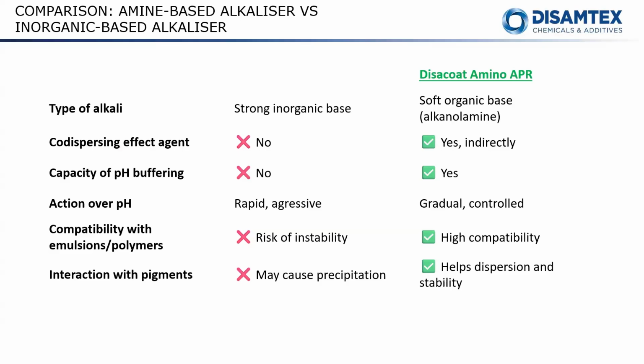But thinking specifically for inorganic bases like ammonia, they act very rapidly and aggressively on pH, often leading to instability or even pigment precipitation. In contrast, Disacoat amino APR provides a gradual, controlled action, ensuring high compatibility with emulsions and polymers and greater formulation stability overall.